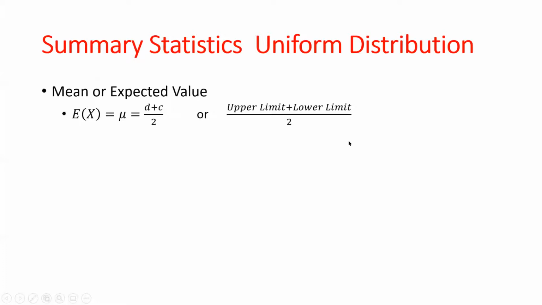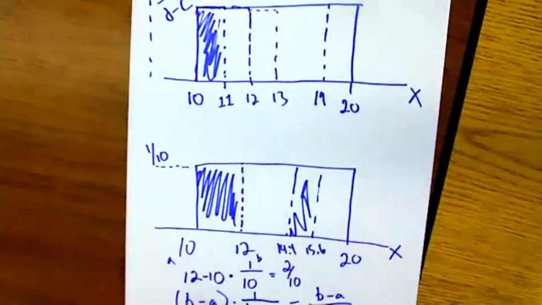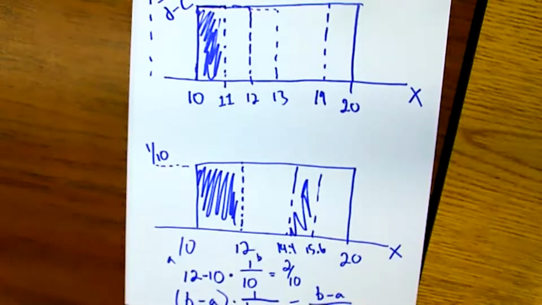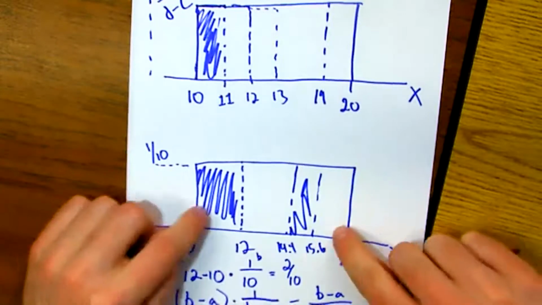So some summary statistics that we can calculate for the uniform distribution. And I think the first one's very intuitive, right? To find the mean or the expected value, you simply find the average of the minimum and the maximum. So why does that work? Well, I'll use a different color to identify this. I was going from 10 to 20, right? Well, everything is equally as likely.